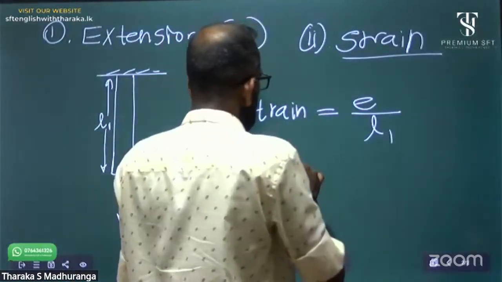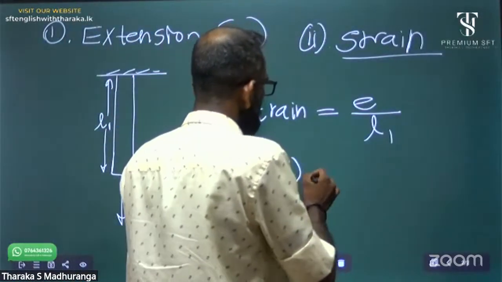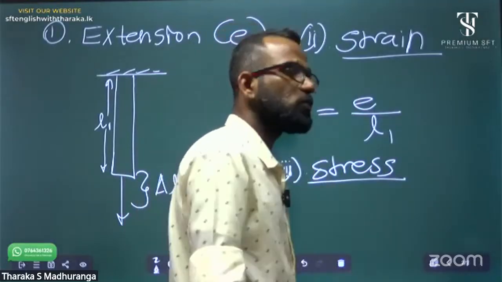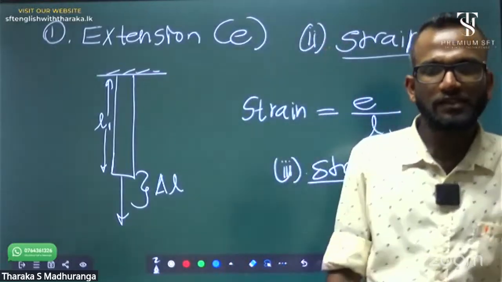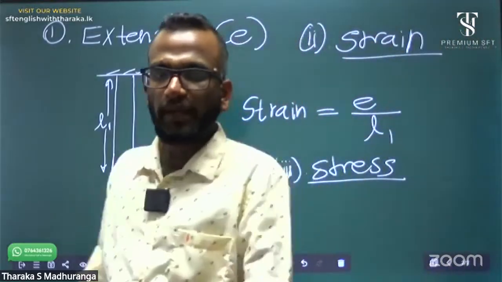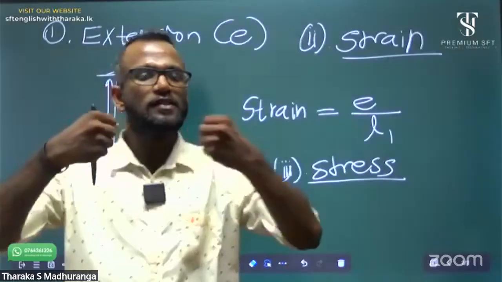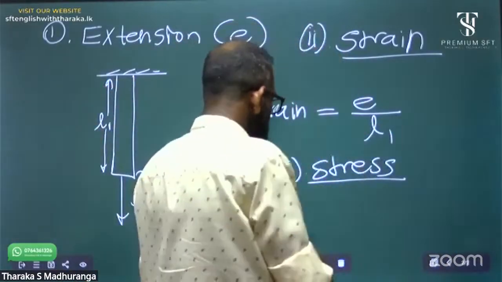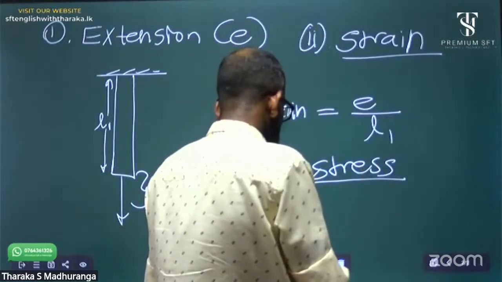Finally, we discussed stress. I told you there are mainly two types. What are the two types of stress? Tensile stress and compressive stress. If we apply tensile stress, the length increases. How to calculate stress?